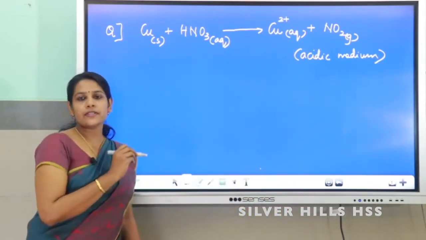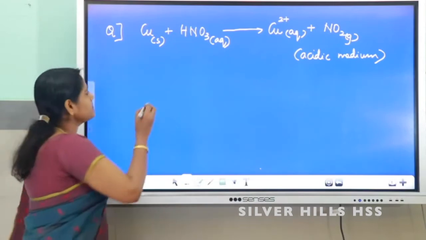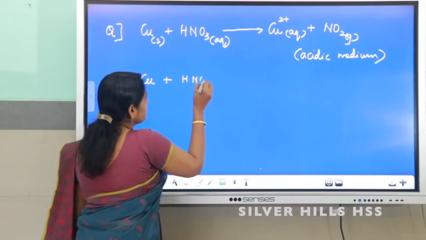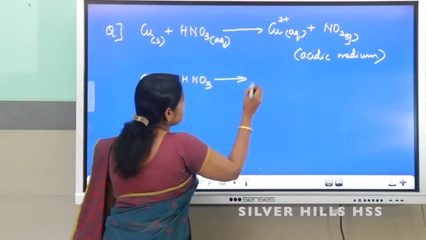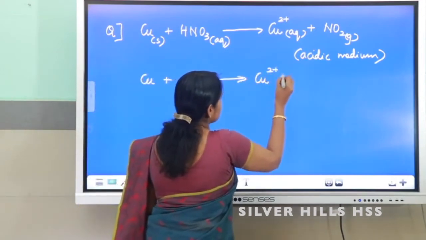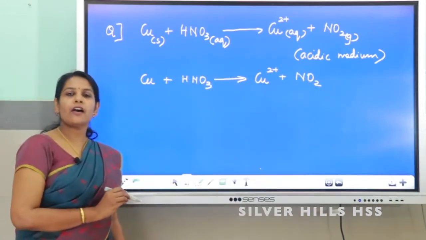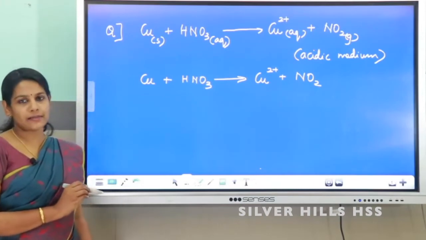So the first step is to rewrite the skeletal equation. The next step, calculate the oxidation number of each atom in the equation.